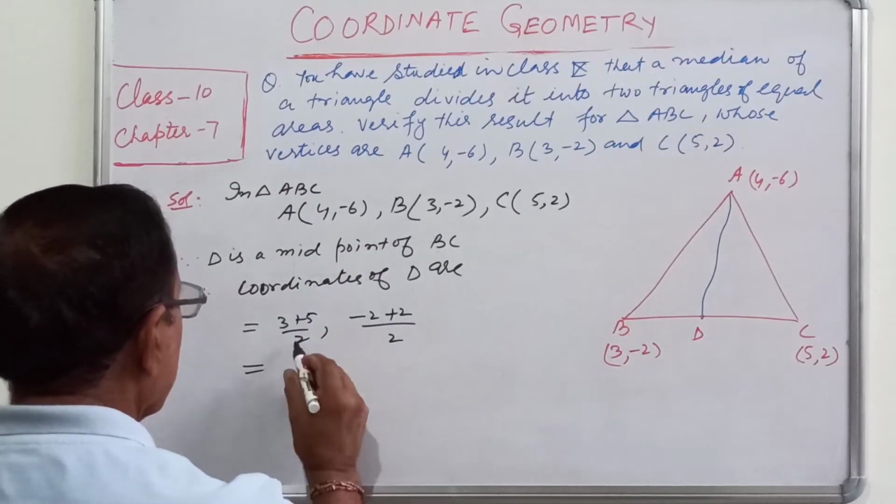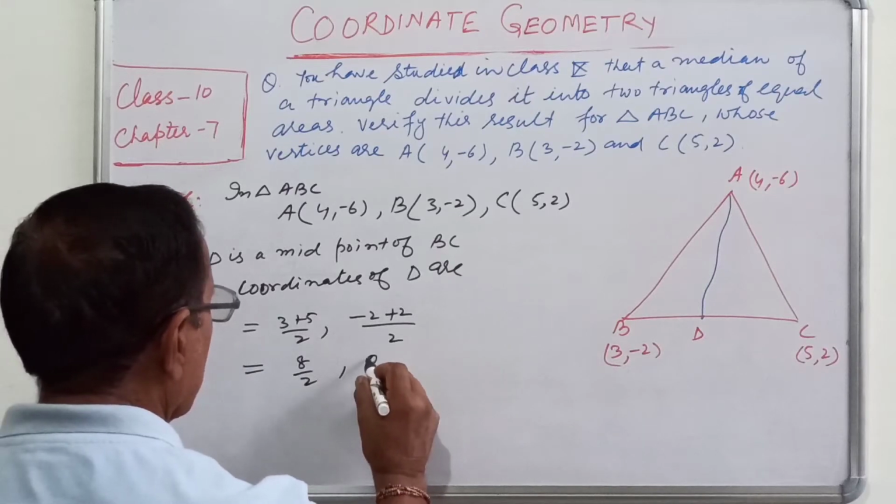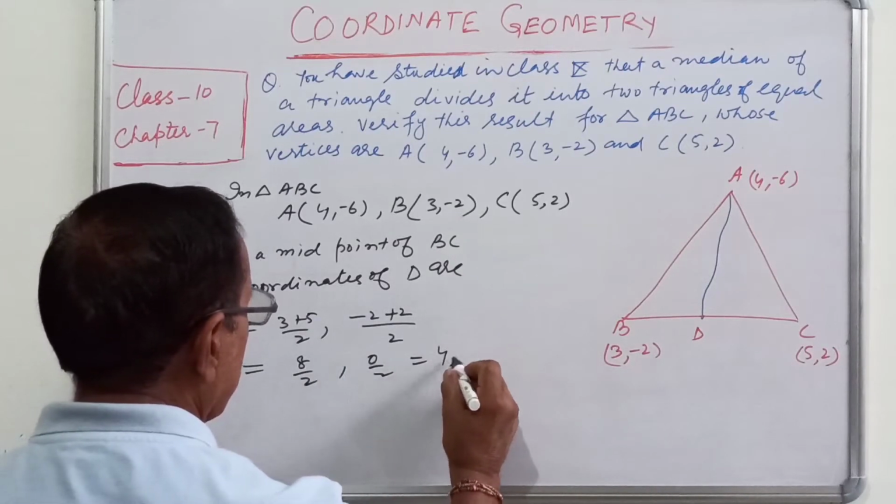So that will be 8 upon 2 and 0 upon 2, that is (4, 0).